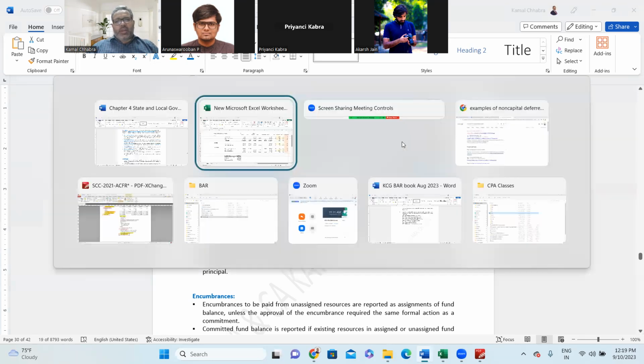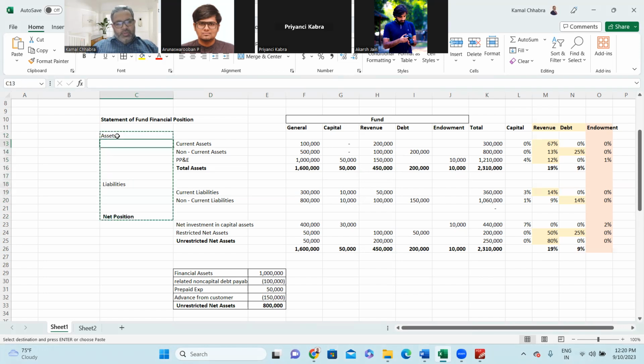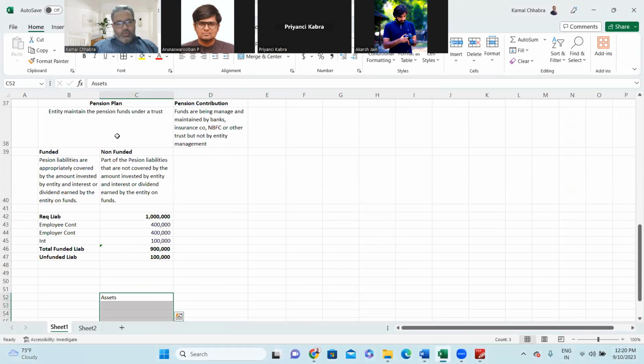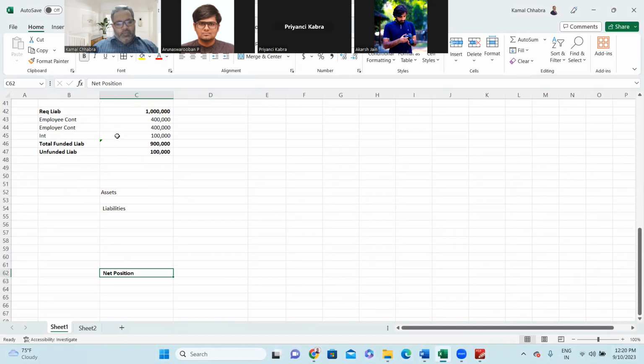Okay, so let me put in an example. So here, there are three things: assets, liability, and net position.